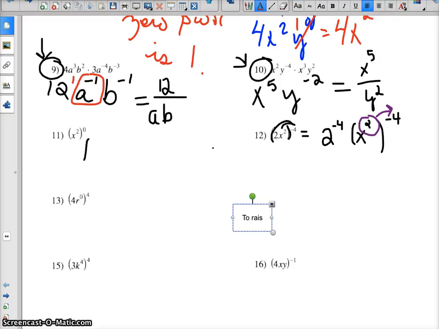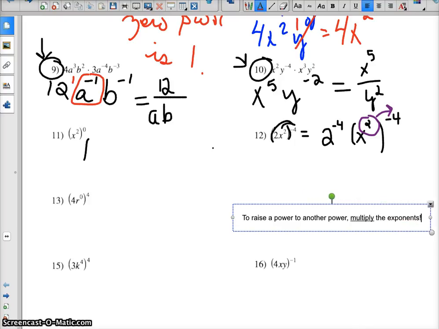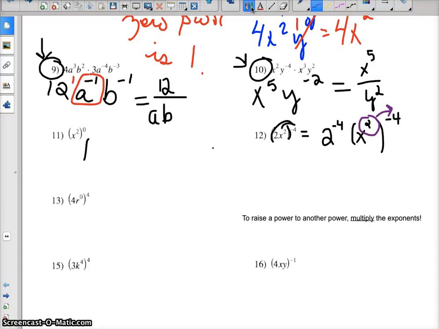To raise a power to another power, multiply the exponent. Okay, and please make sure you jot that down. So let's go back to our problem. We have 2 to the negative 4, x to the 2 times negative 4 is negative 8.